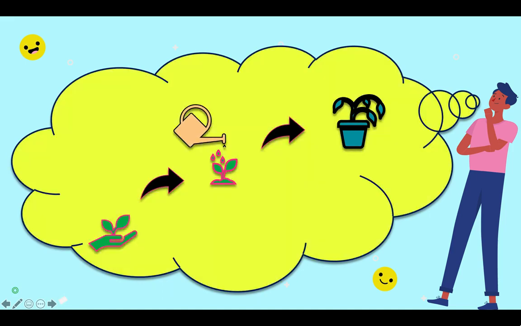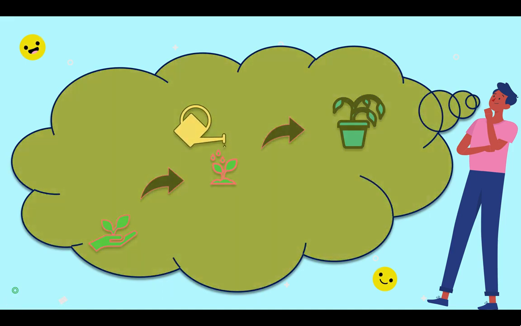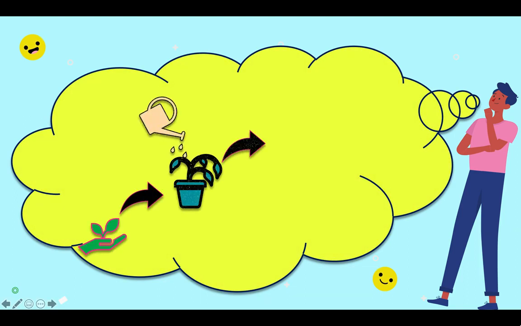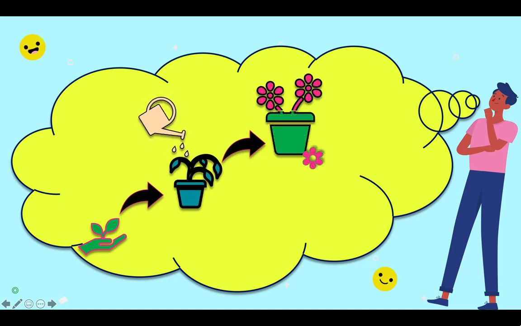That's just the starting point. You need to regularly tend to it, water it, change the soil if needed, check for weeds, unwanted bugs, etc. And only then can we expect a healthy plant in a month's duration. And if we are lucky, even some flowers or fruits.